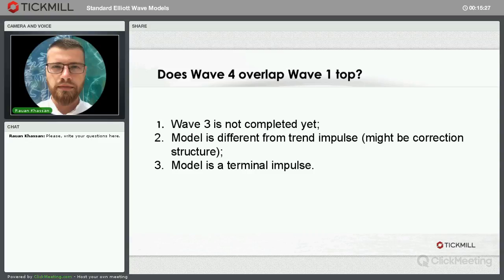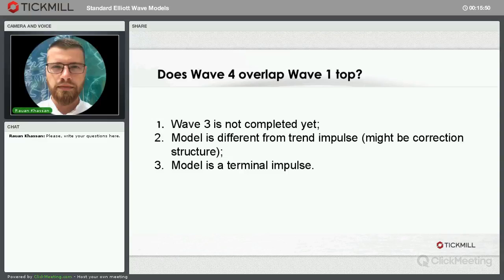Well, there are three possible outcomes. The first idea is that wave 3 is not yet completed, and we are meeting with the example of extended wave 3, and you just need to wait and see the upcoming market action.